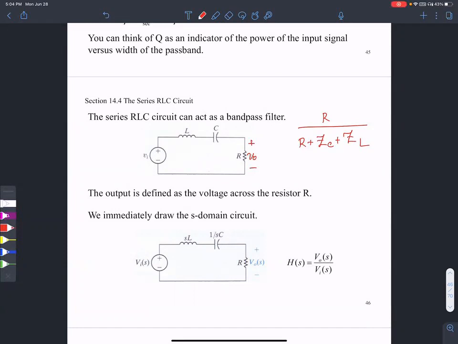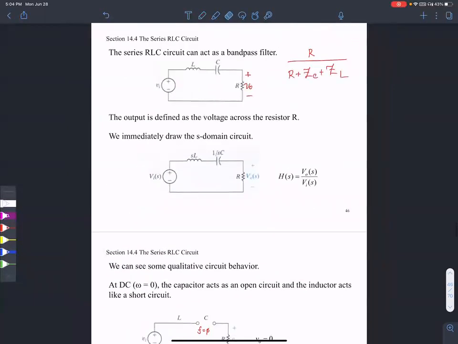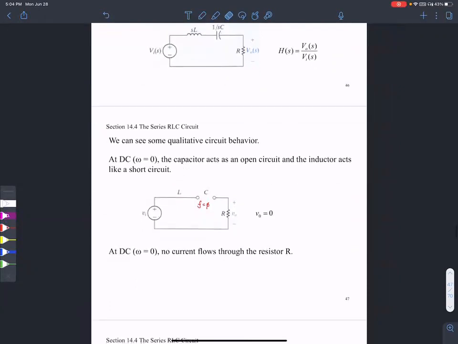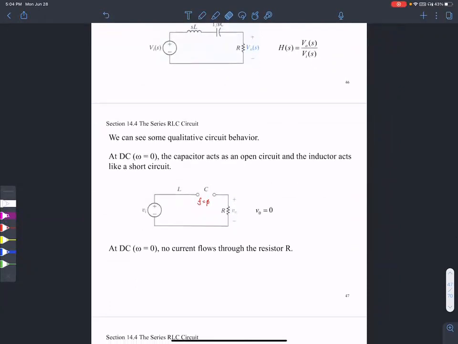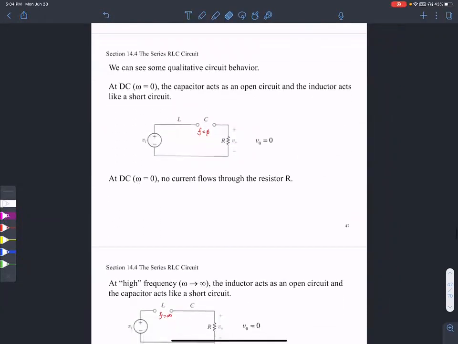You have to plug in 1 over SC for ZC, and SL in place of the inductor, and then do the voltage division. Look at the extremes if you want to. What happens when the frequency is zero? All the voltage appears at the output, and so on and so forth.